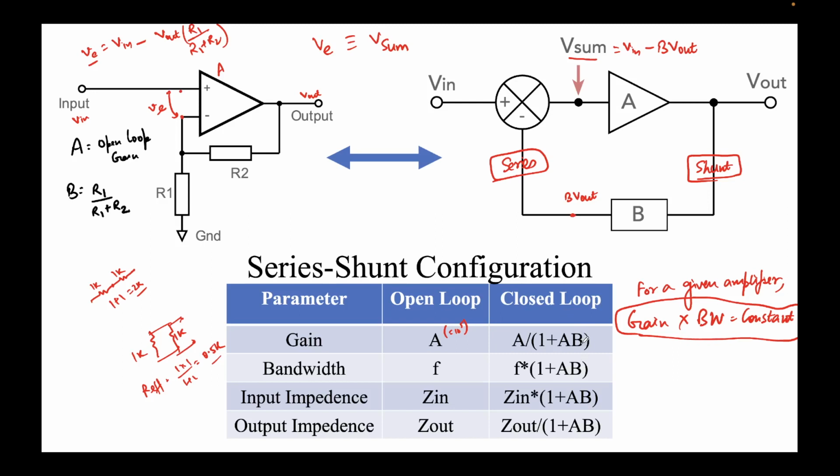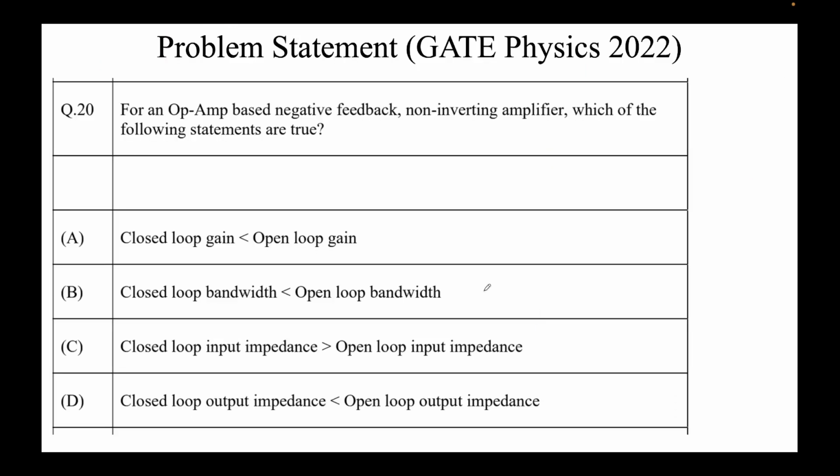Now we have established that while going from open loop to closed loop, gain decreases. We know that the open loop gain is A, while the closed loop gain is A upon 1 plus AB, and so the open loop gain is obviously greater. So option A is correct.